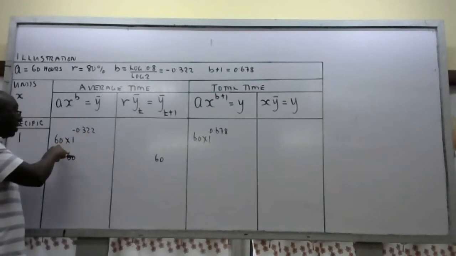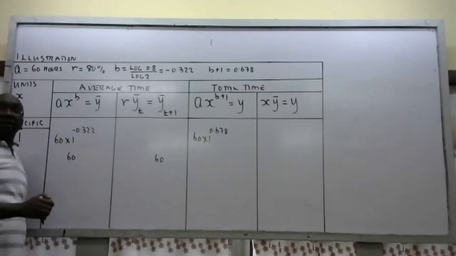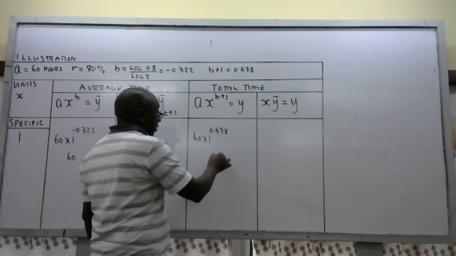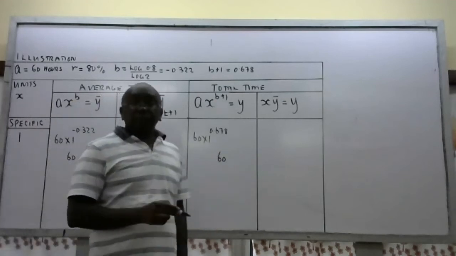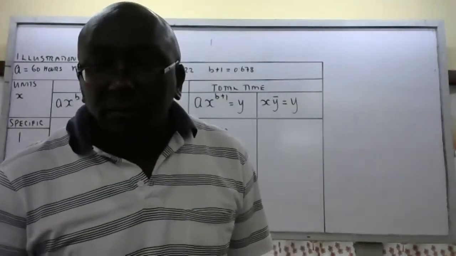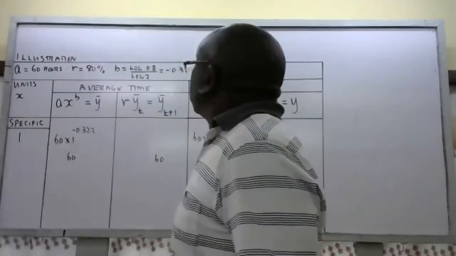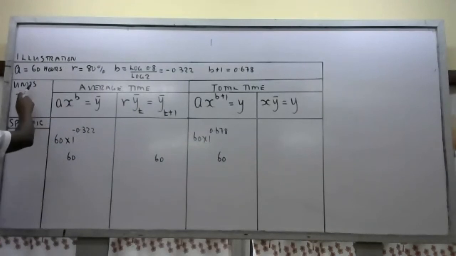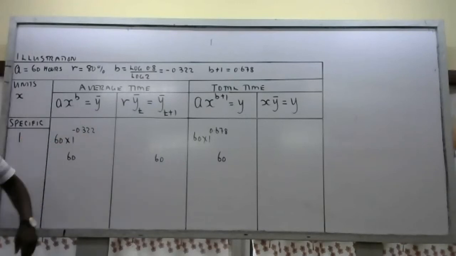What you get, you multiply by 60. That's when you get the answer. Both of these are units, not limits. The answer is 60. Yeah?